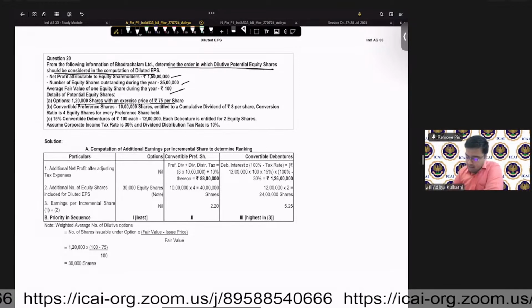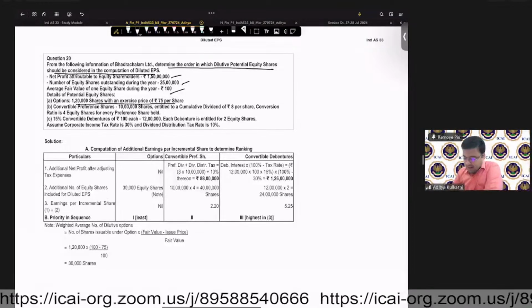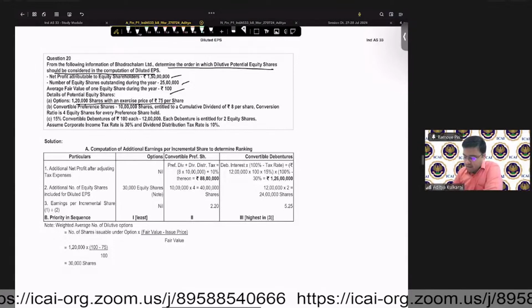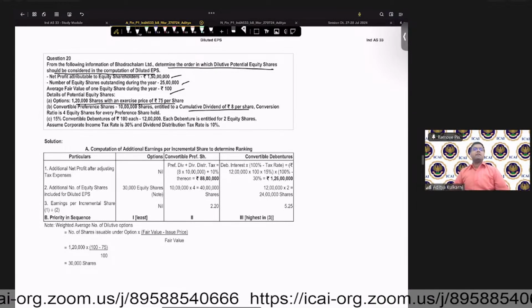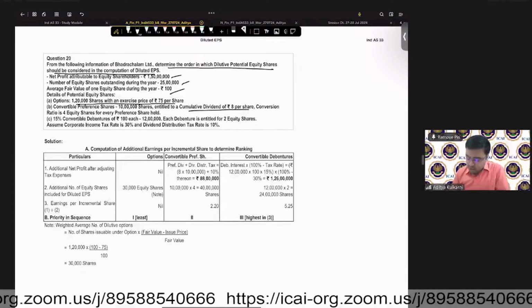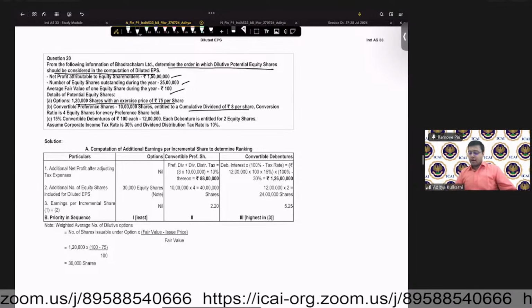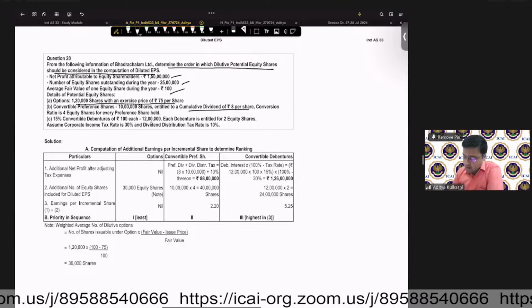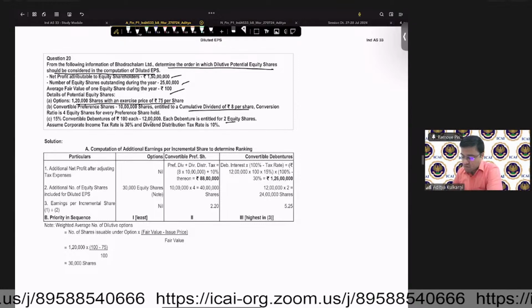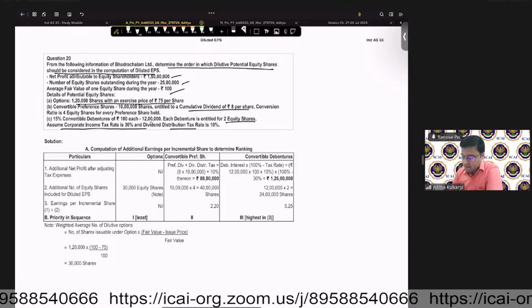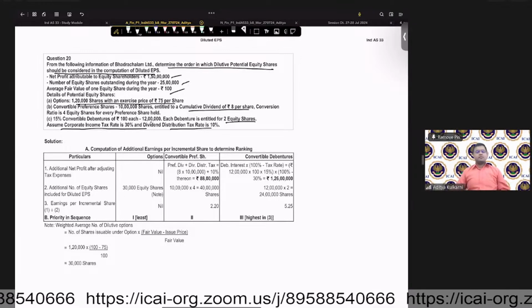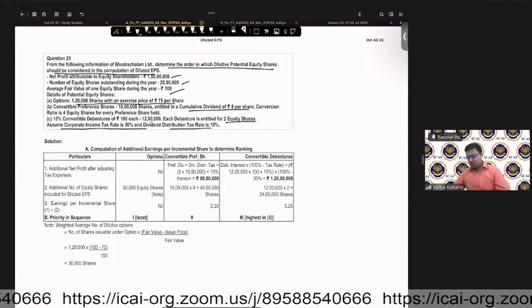Convertible preference shares, 10 lakh shares entitled to a cumulative dividend of 8 per share. Conversion ratio is 4 for every preference share held. 15% convertible debentures of 100 each, 12 lakhs. Each debenture is entitled to 2 equity shares. Assume corporate income tax rate 30%, DDT is 10%. So this is for us to understand.